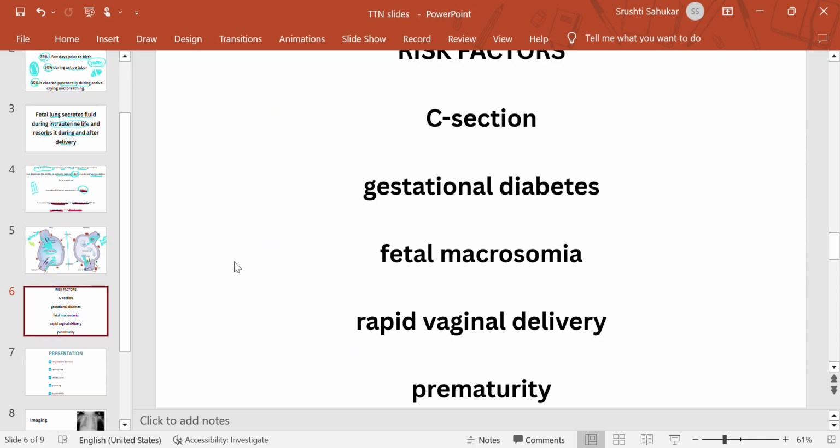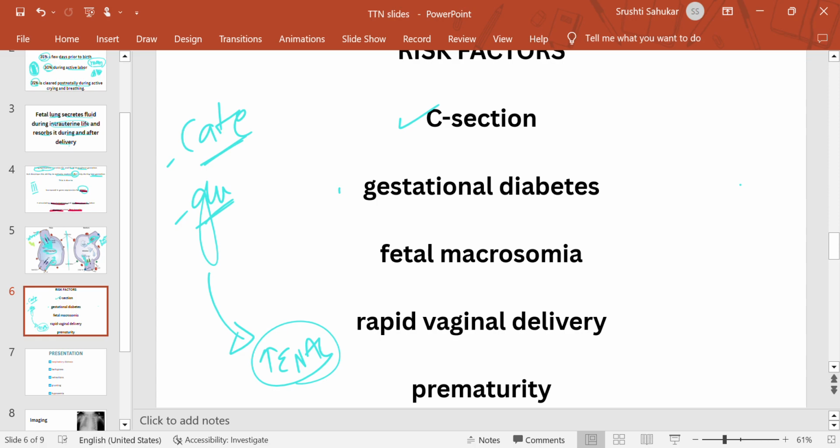Now, what are the risk factors of something like this? So we already know that catecholamines and glucocorticoids are the two substances required to drive this process of increased ENaC expression and therefore resorption of the fluid.